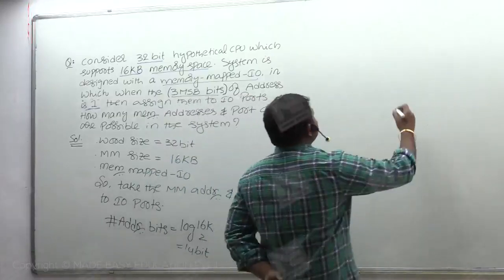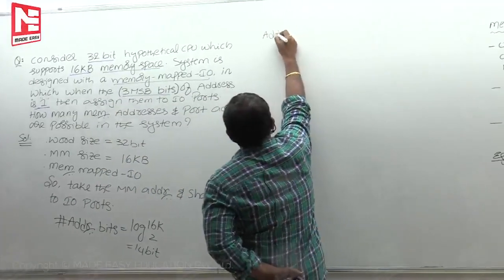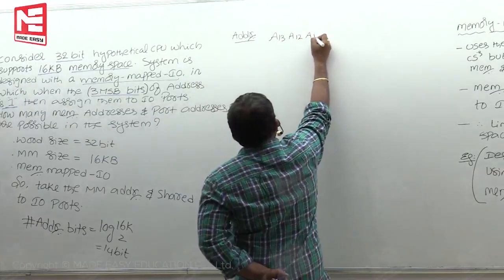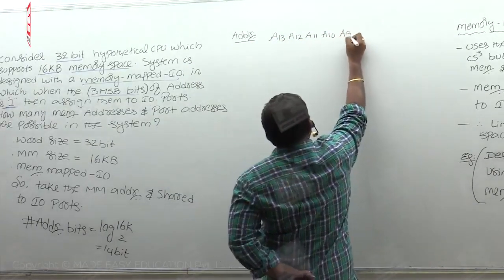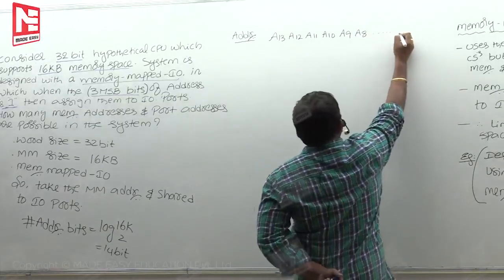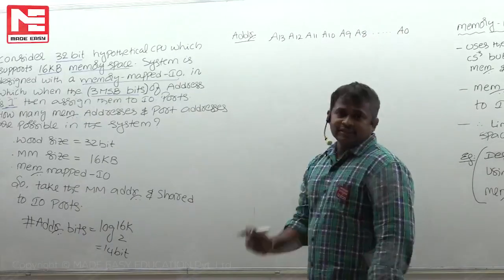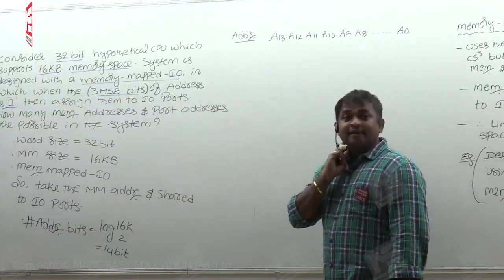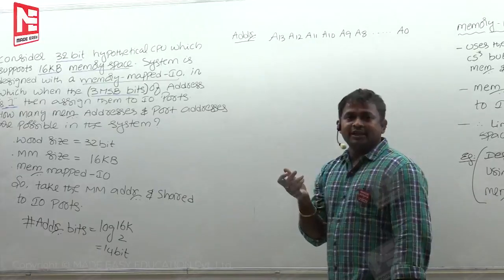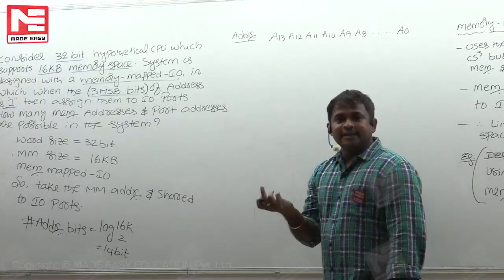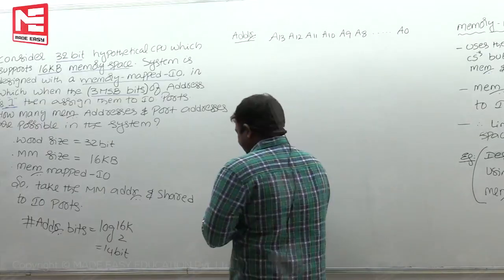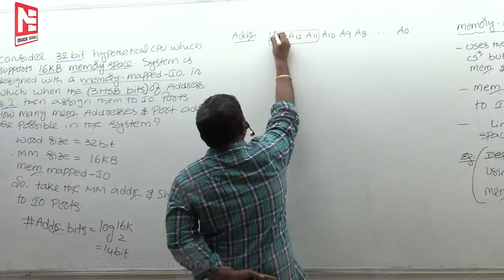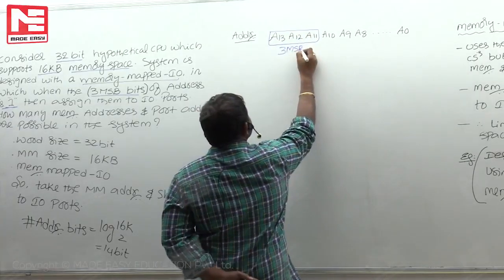14-bit address. Now consider the address: A13, A12, A11, A10, A9, A8 and so on to A0. In the address, the first 3 bits show the difference between the main memory address and IO address. So take the 3 MSB bits status. These are the 3 MSB bits.